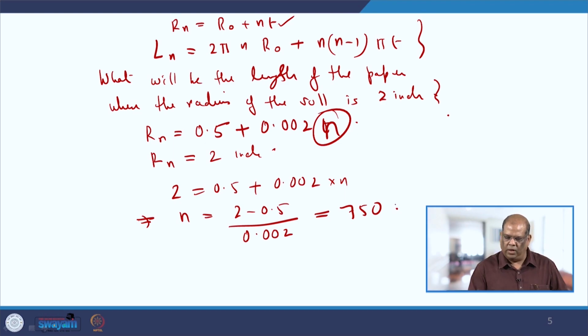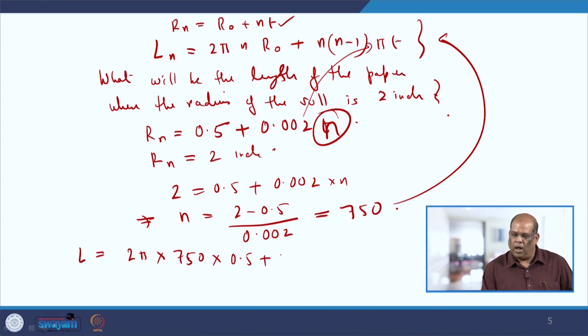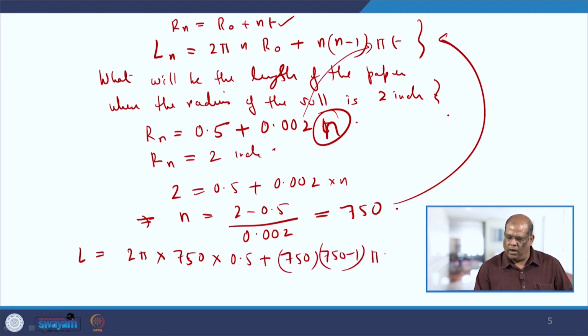Now, you substitute this value of n and this value of t here, and you get the length is equal to 2 pi multiplied by n, which is 750, into R0, which is 0.5, plus 750 into 750 minus 1 into pi into the thickness, which is 0.002.